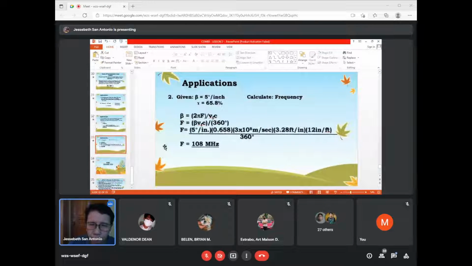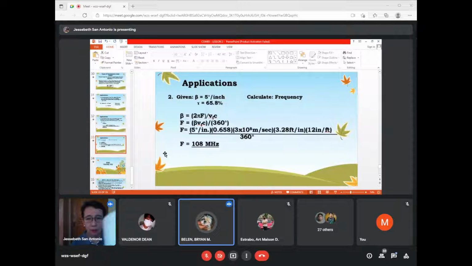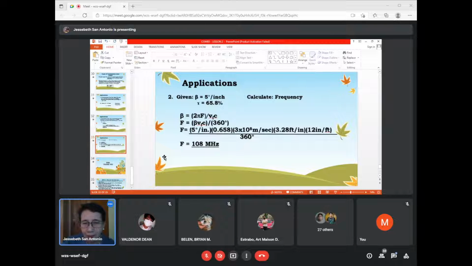For number 2. Ano yung sagot ni 108 megahertz? Si Belen yung nag-volunteer kanina. So, 108 megahertz, hindi millihertz. Megahertz times 10 to the 6. Ang pinapahanap ay frequency, given yung constant, which is 65.8.